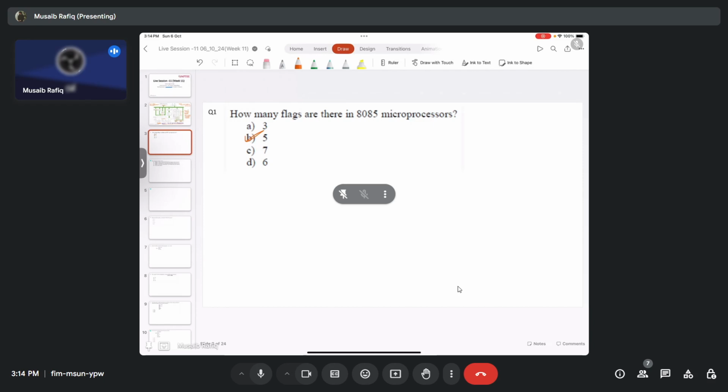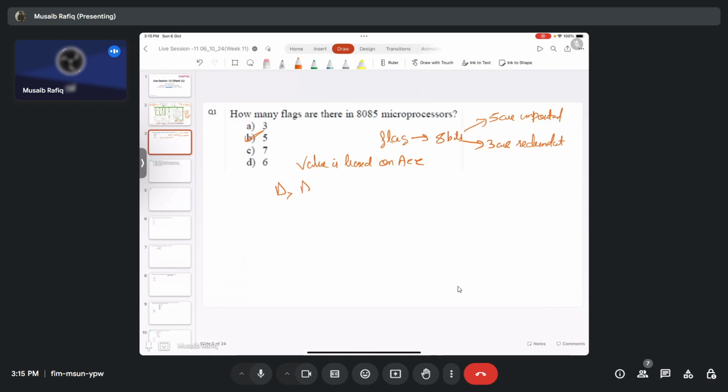As I told you, this flag register is of 8 bits. 5 are important, 3 are redundant. And the value of these 5 is based on the contents of the accumulator. So I have D7, D6, D5, D4.